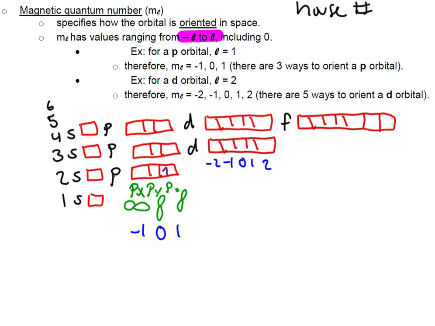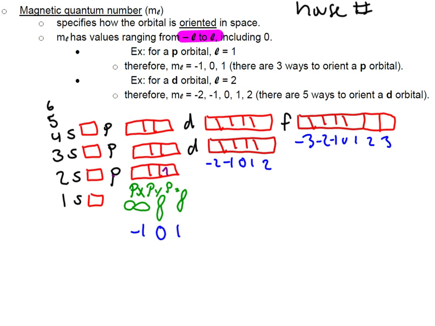If you go back and look, f's L value is 3, so we would range from -3 to +3. Okay? So this highlighted in pink, again, is an important equation for figuring out the M sub L possibilities if you know the L value.